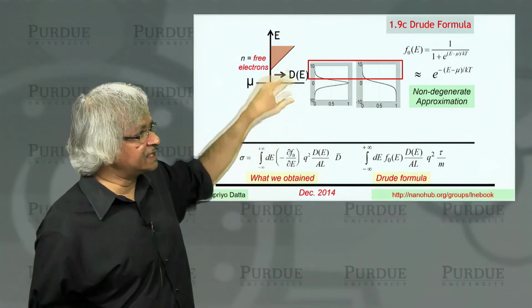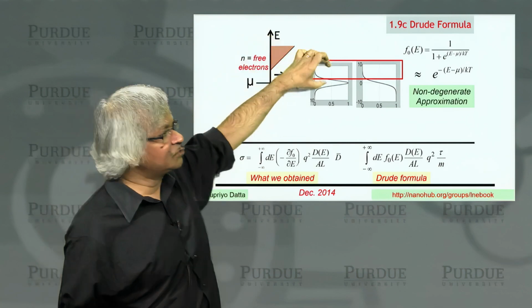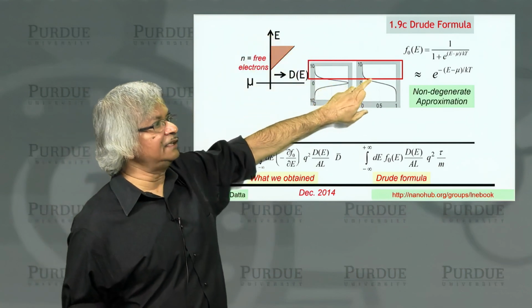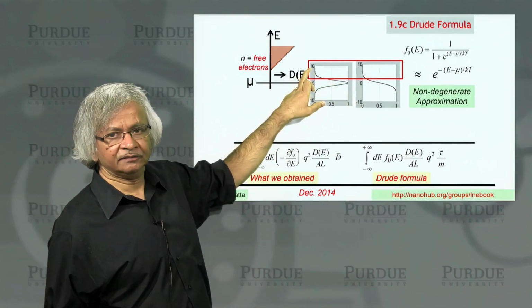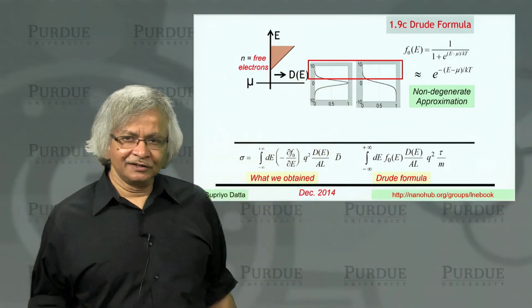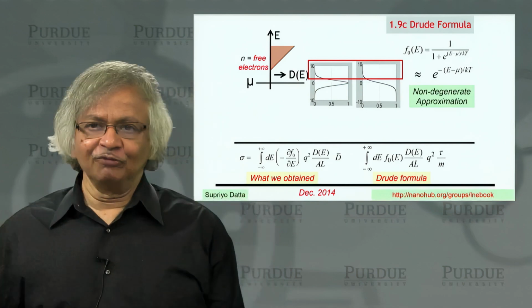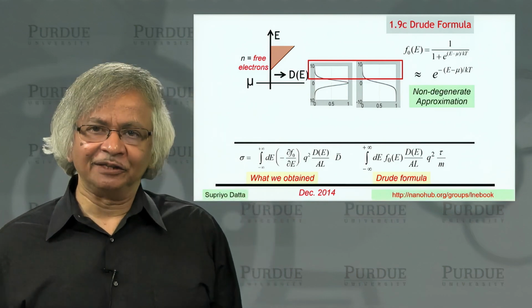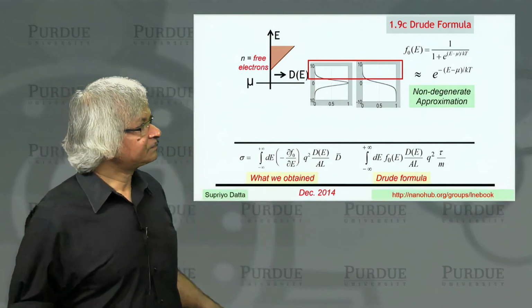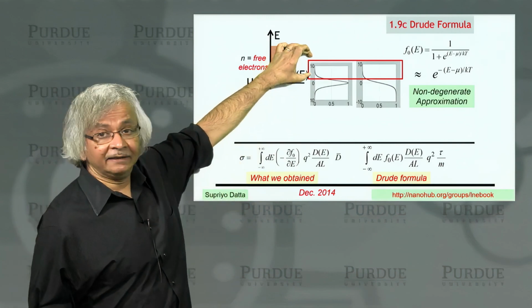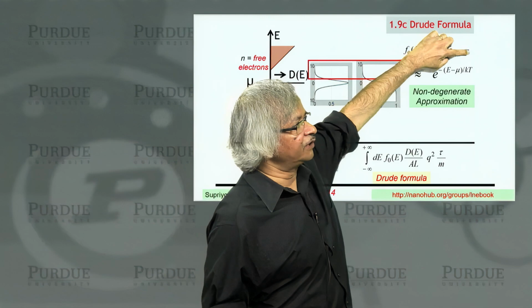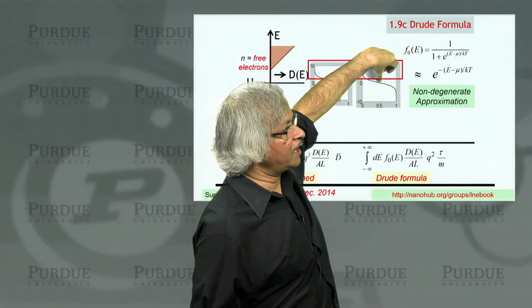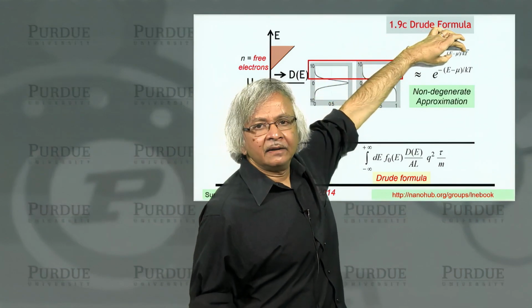So the only states that matter are up here, and that's where what you have is the tail of the Fermi function, and the tail of the dF dE. And the point is that the tail of the two functions actually look very similar. Why is that? Because when you're looking at the tail, that exponent, E minus mu over kT, the energy is way up here, so that's a big number.